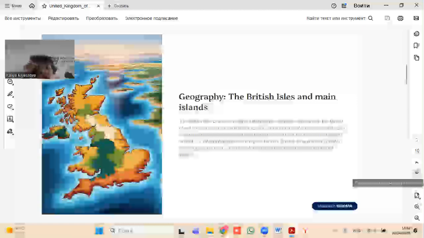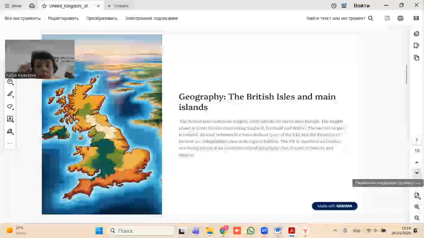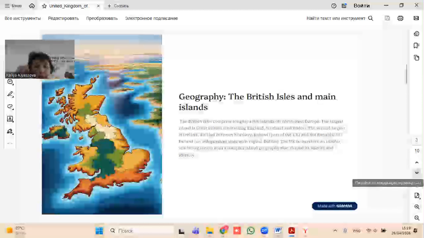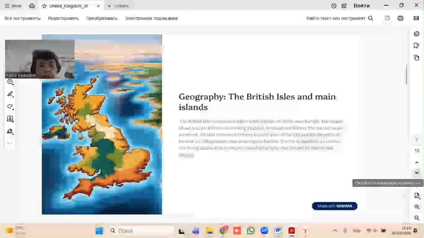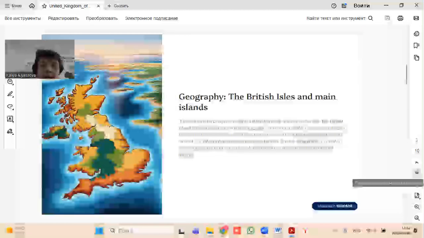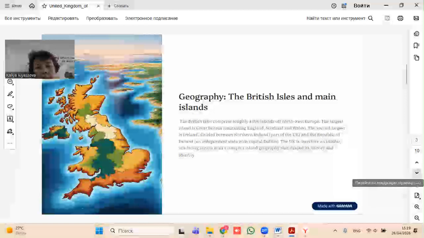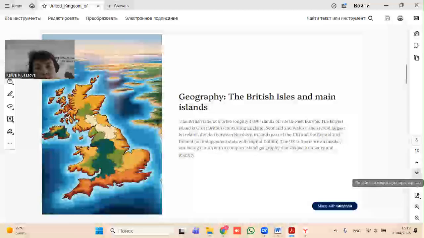Now let's talk about the United Kingdom's geography, the British Isles and main islands. First, the British Isles comprise roughly 4,000 islands of Northwest Europe. The largest island is Great Britain, containing England, Scotland, and Wales.